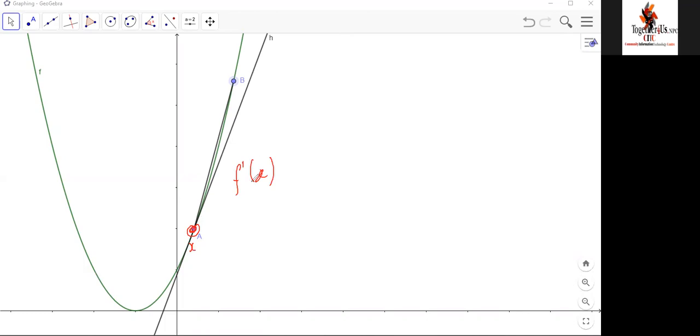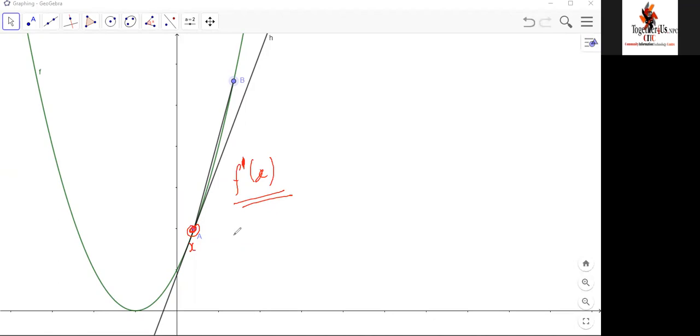You can read it as prime or you can read it as derivative. But actually, because we are not really here on geometry, I think it will be proper to say the derivative, okay? And this thing tells me about the gradient of the tangent.